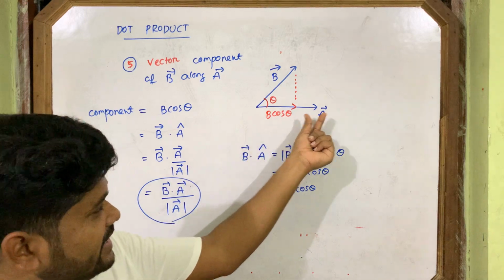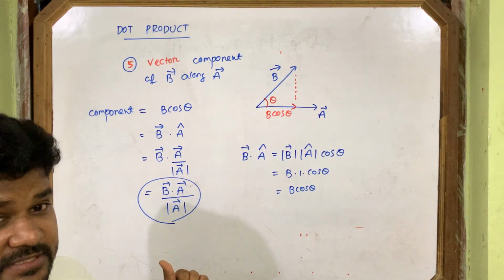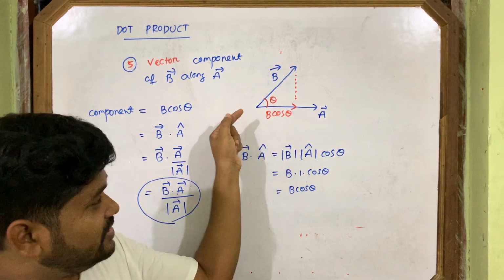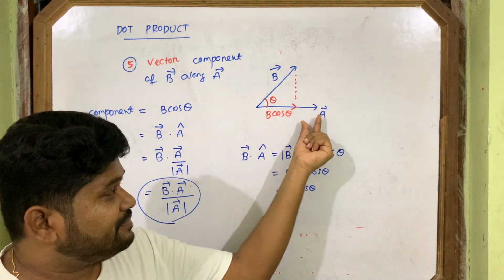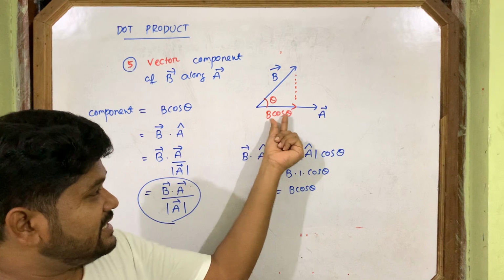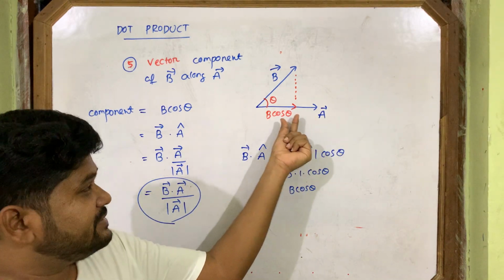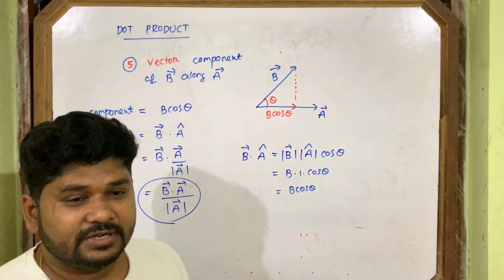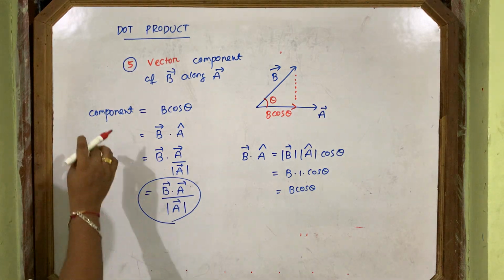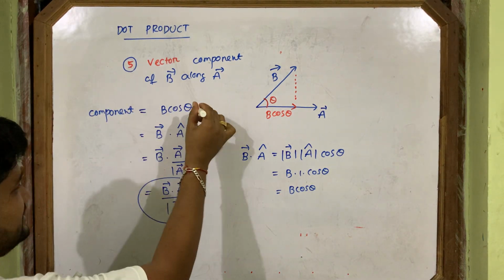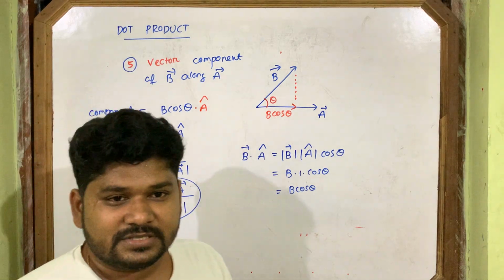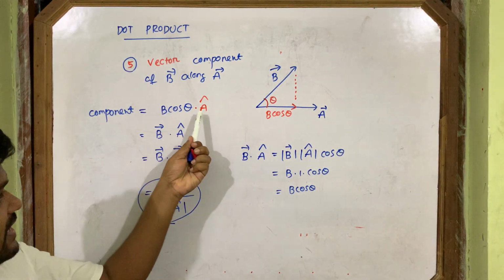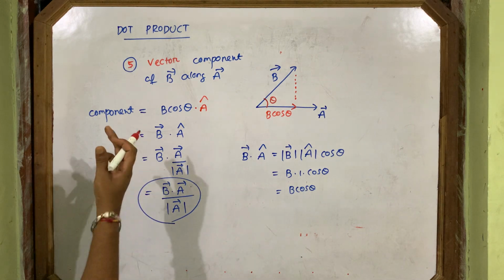B cos theta is along A vector, so its direction is A cap. So we only attach A cap here, and then it becomes the vector component.